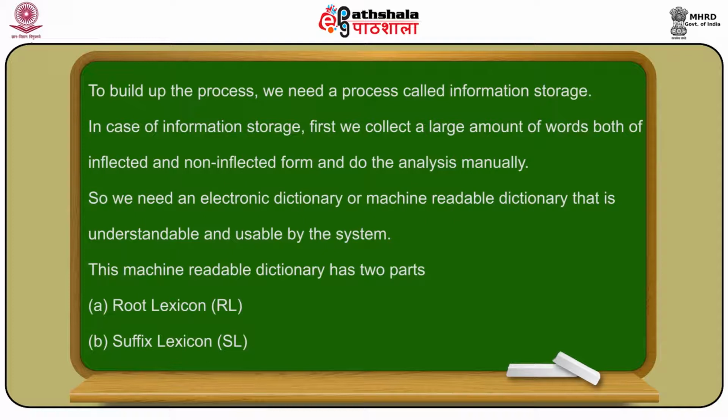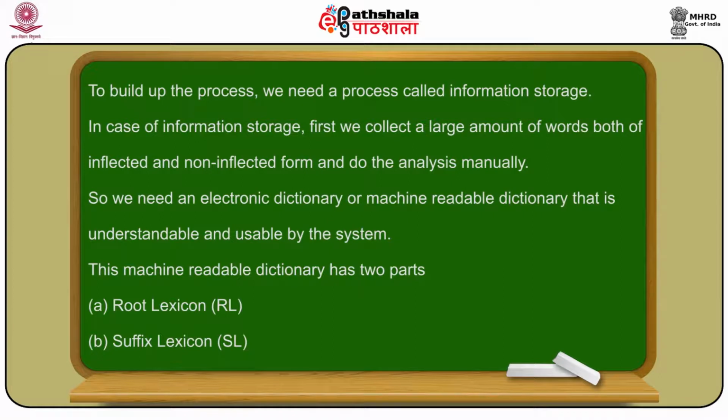So we need an electronic dictionary or machine readable dictionary that is usable by the system. This machine readable dictionary has two parts: one is called the root lexicon, another is the suffix lexicon.